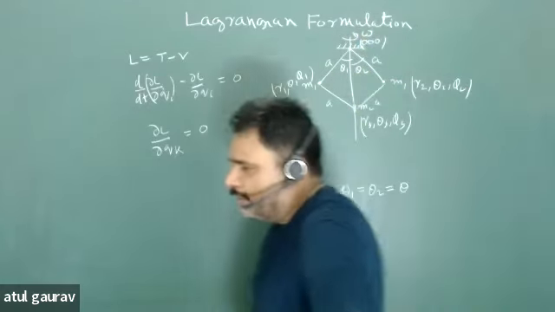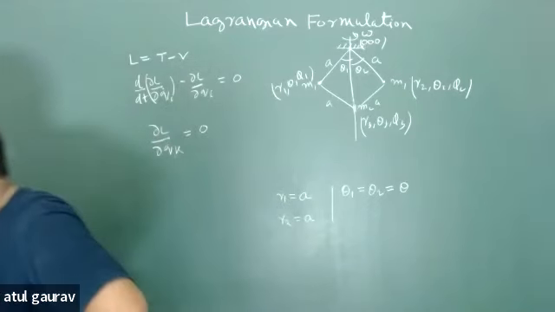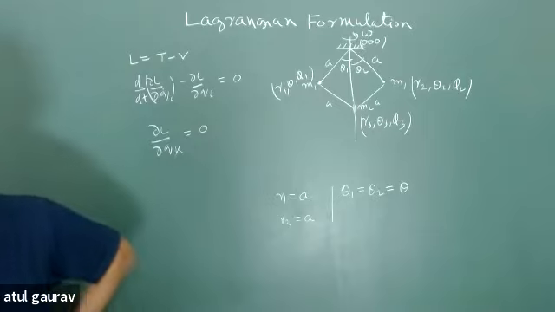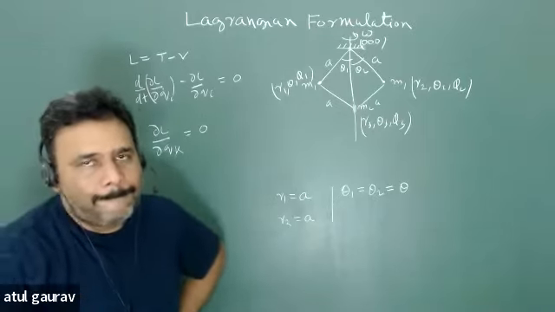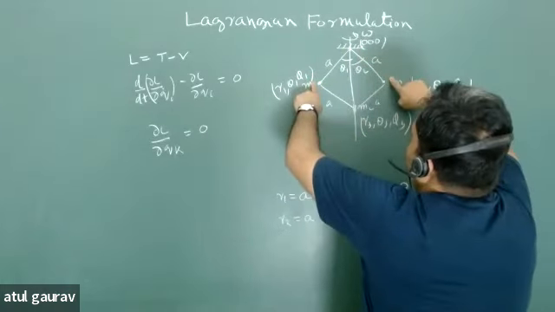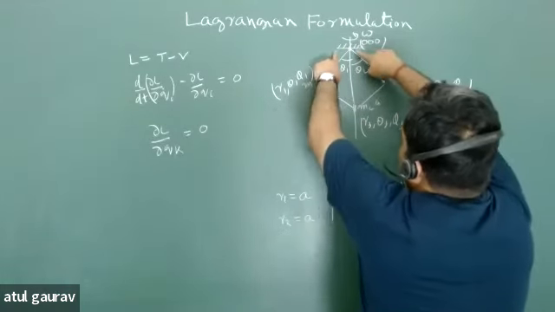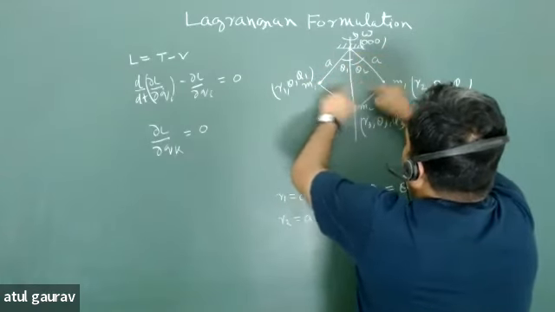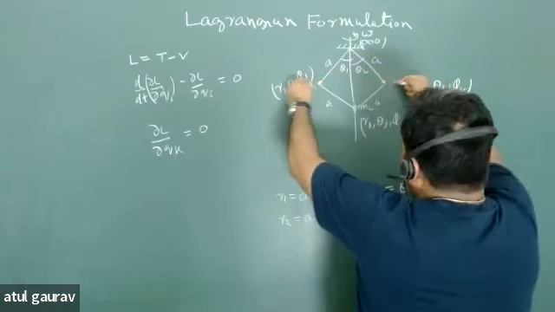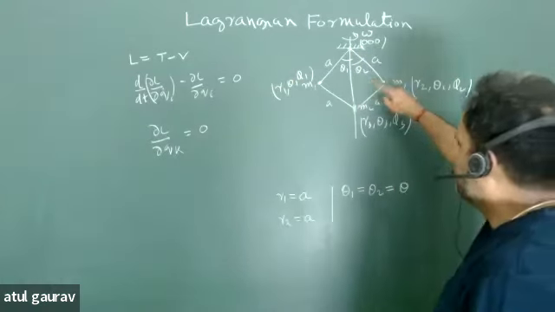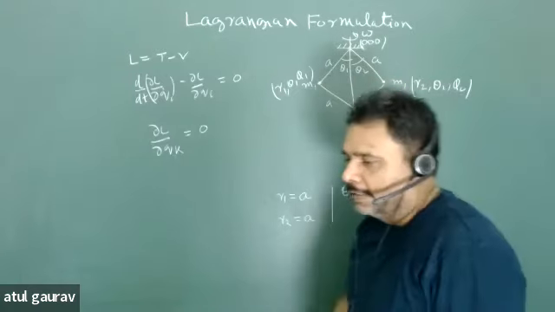Is this statement correct or false? Correct. It will always be so because this distance is fixed and this distance is fixed. So if this particle goes upward, then these two particles will move by the same amount. So theta 1 is equal to theta 2, equal to theta.